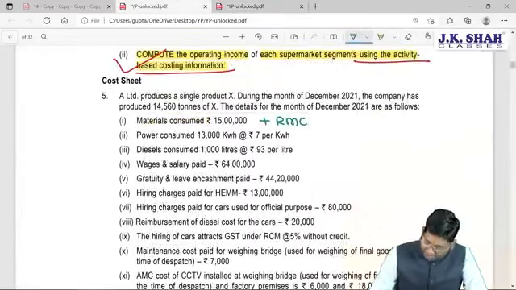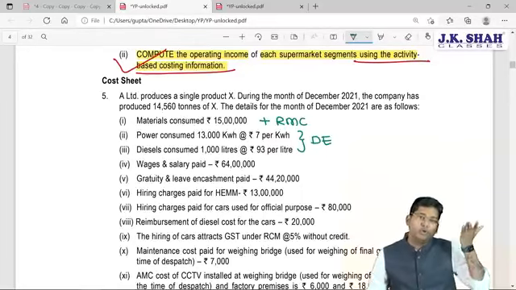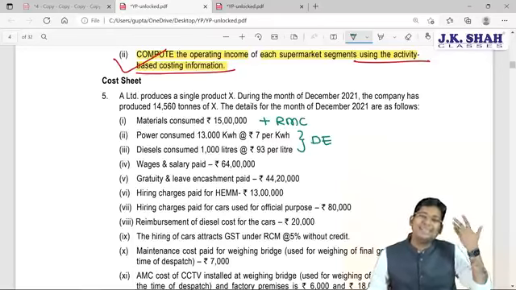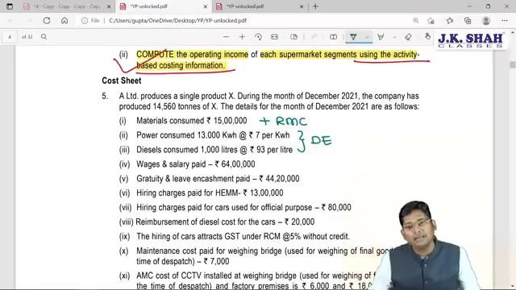After this, power consumed is given, 13,000 kilowatts at the rate of rupees 7 per kWh, and diesel consumed 1000 liters at the rate of rupees 93 per liter. So both are direct expenses for us. Whenever you increase the number of hours of your operation, your power and diesel consumption will increase.